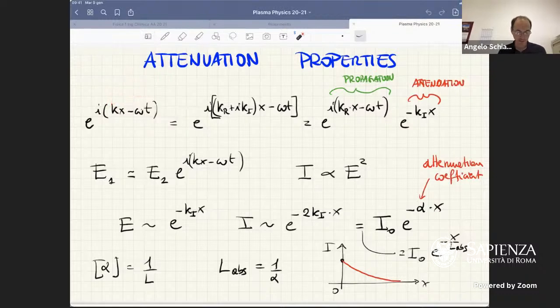And then we have a term which is the oscillation in time that has the angular frequency of the wave, and here again we have the relation that 2 pi times nu equals omega. So here we can go from the frequency of the wave in hertz to the angular frequency of the wave.